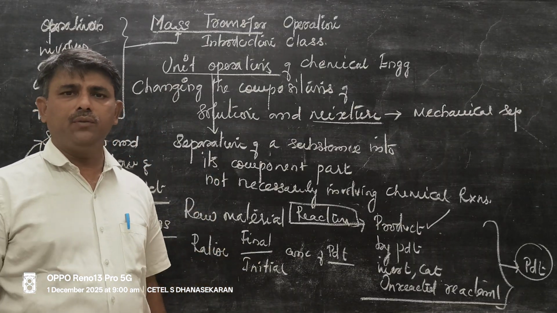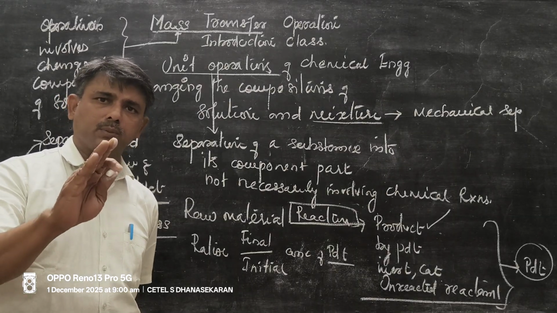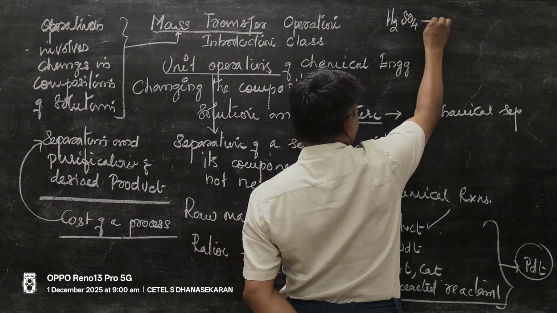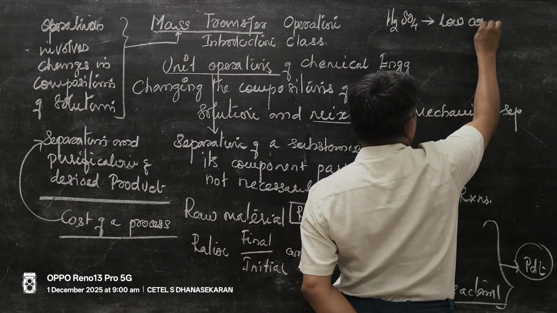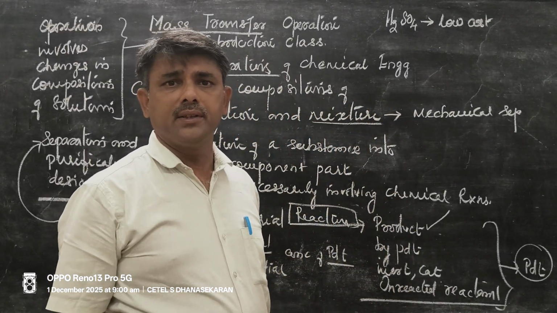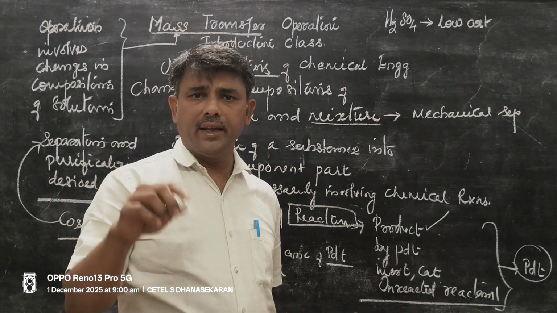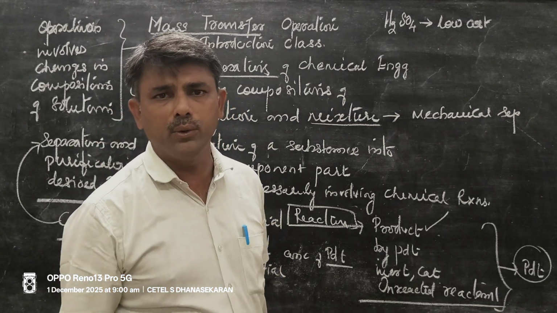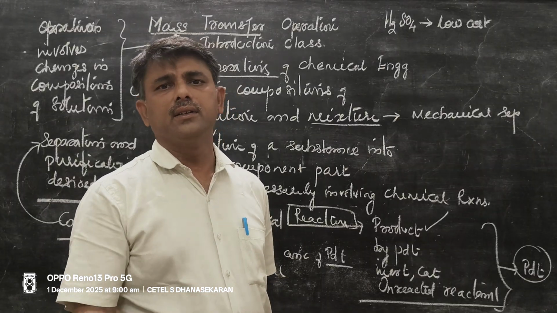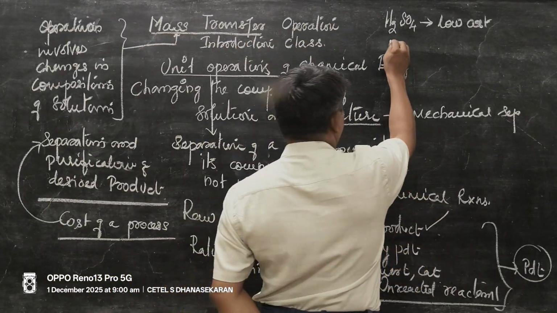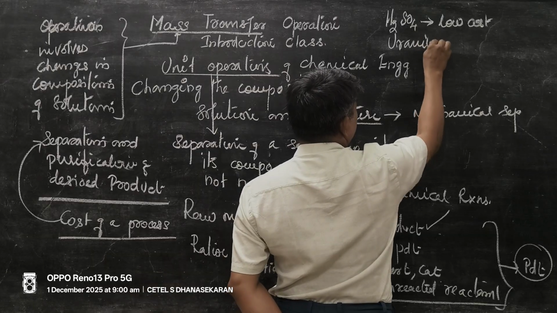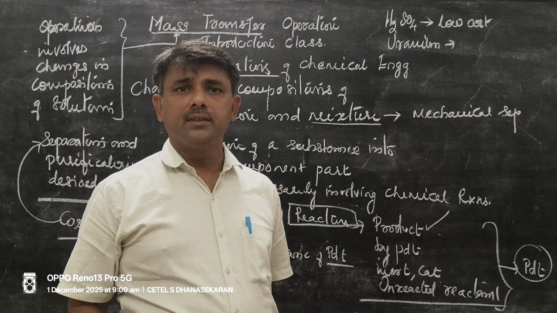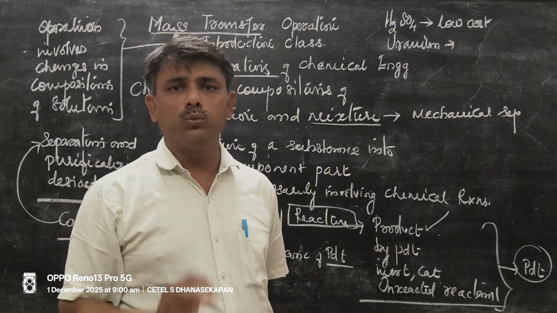Say for example, sulfuric acid, H2SO4, is a low cost product. What is the reason? The availability of sulfur in nature, the concentration in which sulfur is available in nature, is relatively high. Hence, sulfuric acid is a low cost product. At the same time, the process cost for uranium is more because the concentration in which it is found in nature is low.